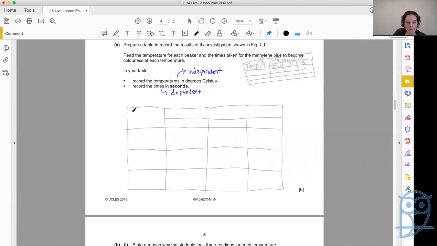So we have temperature, in degrees C. We have time in seconds. We have trial 1, trial 2, trial 3.